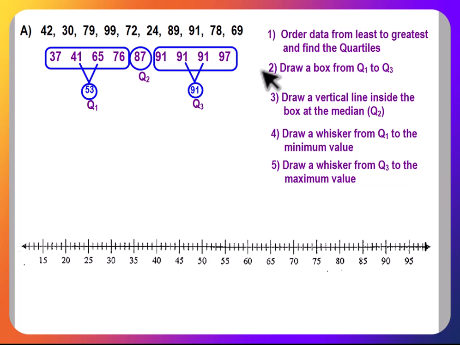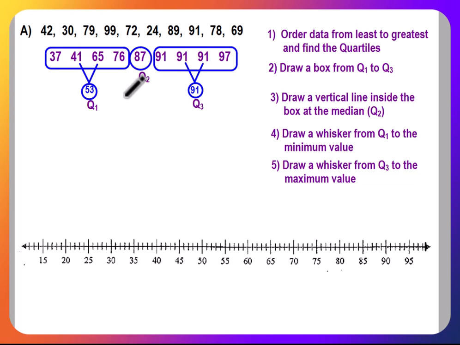There are 9 pieces of data, an odd number, so that means there will actually be a middle number. We took the 9, divided it by 2, and got 4. So we knew we needed 4 pieces of data in the lower half and 4 pieces of data in the upper half, and that left us one middle number, 87, and that's our second quartile. It's the median of the whole data set.